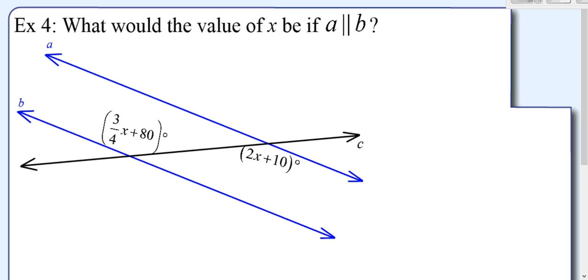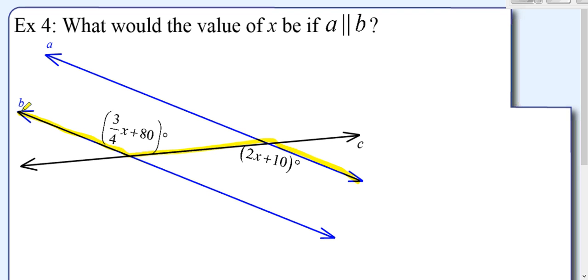So we're going to take these two angles. So we're looking at these two angles. If you have a hard time figuring out what they are, try tracing them. And that's one of those obscure Z's.